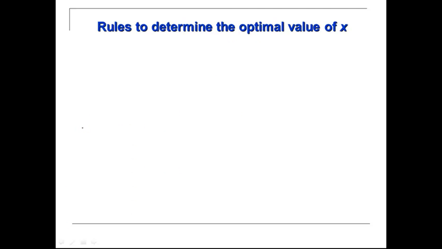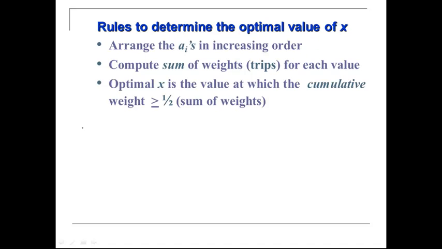So the rules to determine the optimal value of x: you're going to arrange the ai's in increasing order. You're going to compute the sum of weights or trips for each value. And the optimal x is the value at which the cumulative weight is greater or equal to half of the sum of the weights.